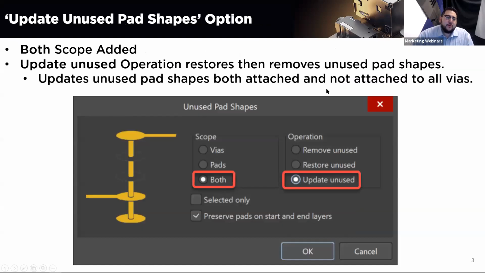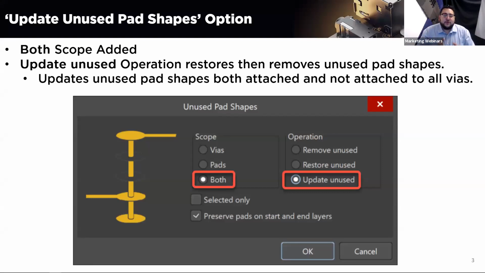Coming down through, when you have unused pads and vias in your design, previously you had to both remove the unused vias, and then later when you needed to restore them, those were two separate items, right? So people were going back and forth. You would have to go to the tool section and remove them.